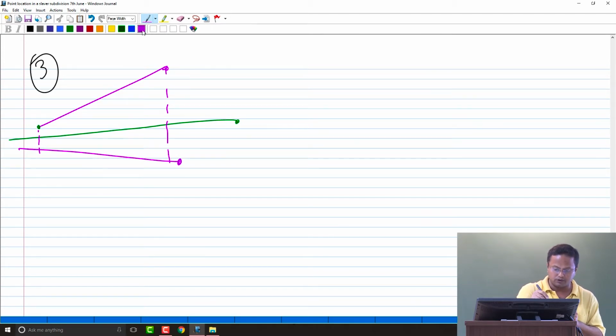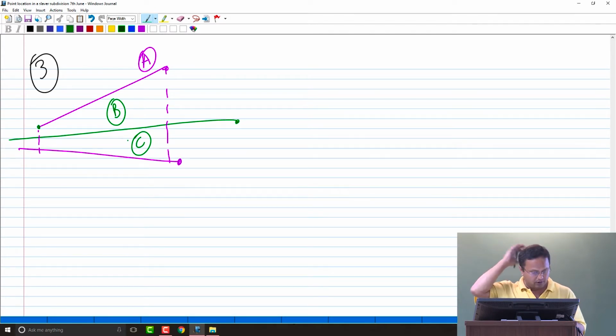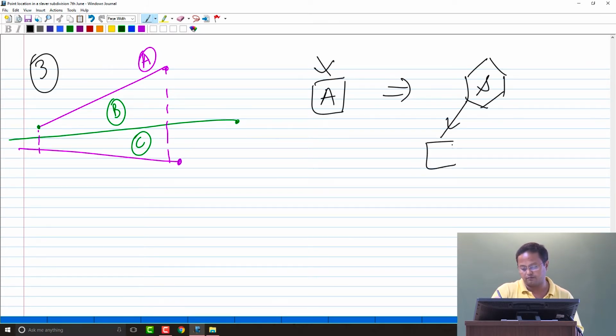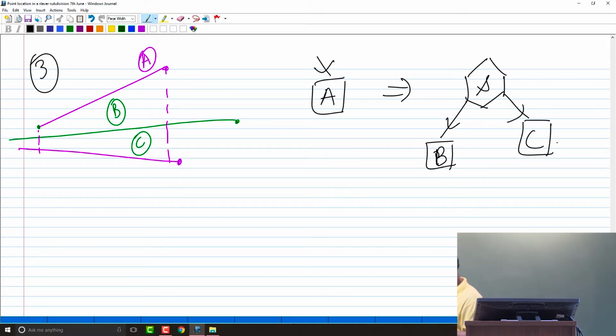Now, what was A is being split into 2, maybe B and C. This is easy to do. So, what was your earlier A gets changed to, this is the easiest case to handle. So, you will have just a Y node for a segment and to its left you have B, to its right you have possibly C. Right, again a constant addition, and you can convince yourself that these are the only 3 cases.